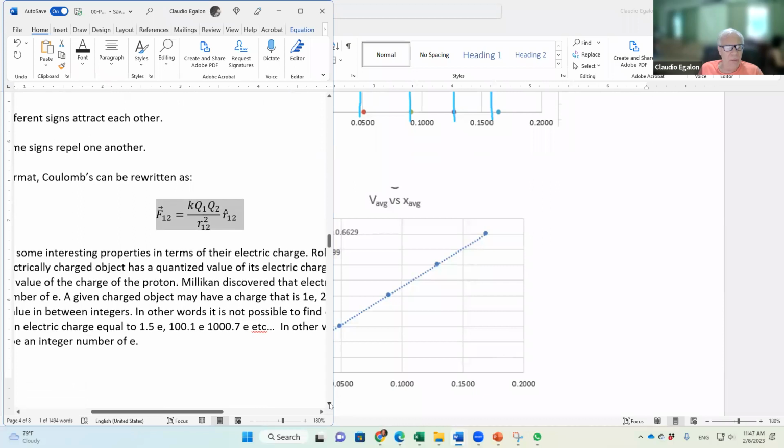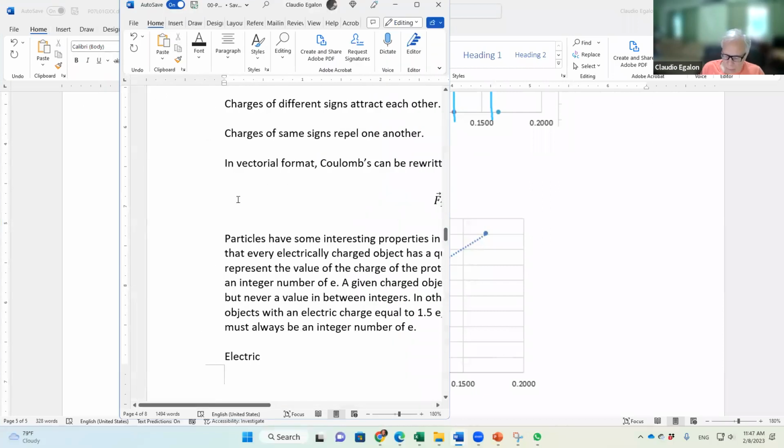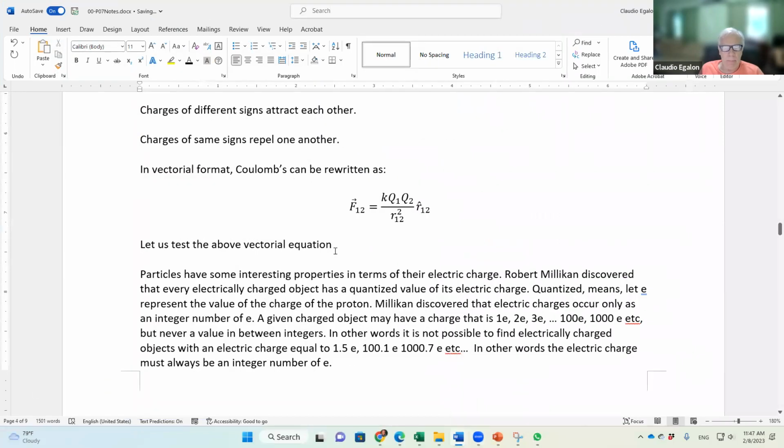Let us test the above vectorial equation. Say that Q1 is greater than 0 and Q2 is less than 0.